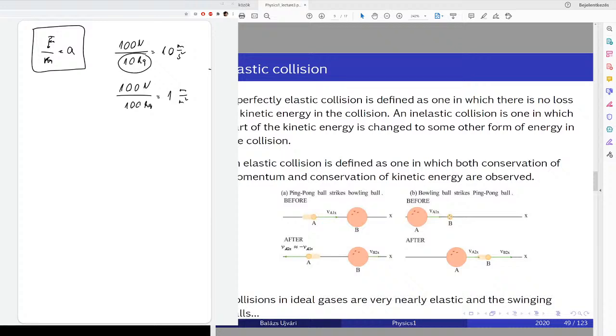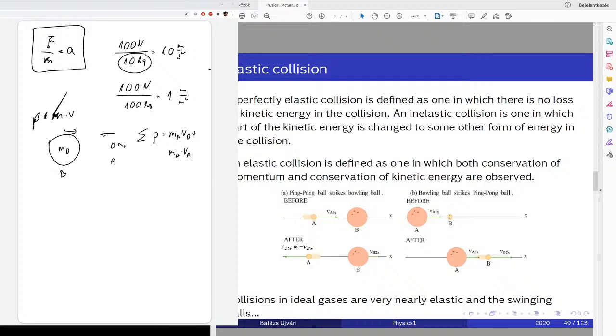Alright, so the momentum is m times v. If I have a system like body A and body B, let's suppose both moving, mass B, mass A, the sum of the momentum is mass B times v_B plus mass A times v_A.